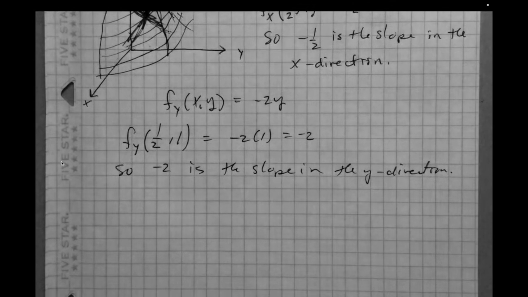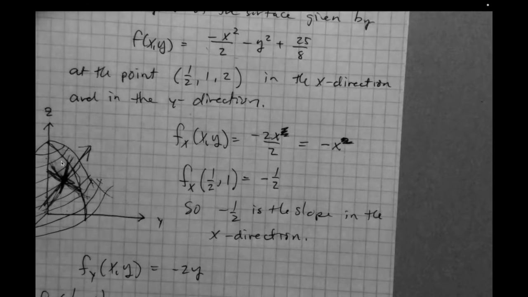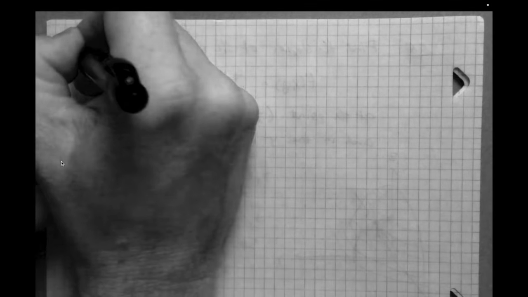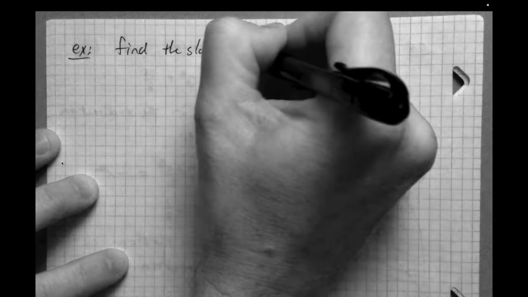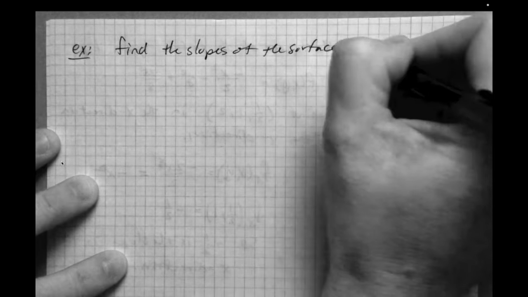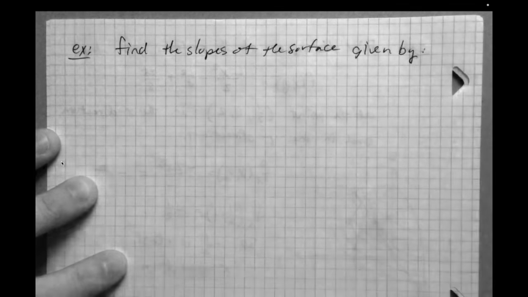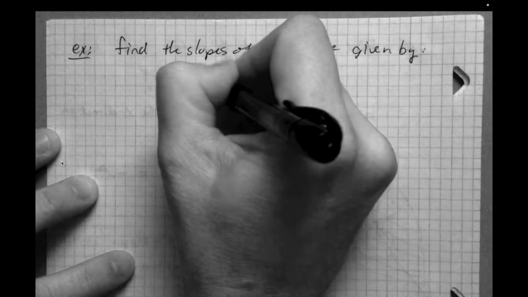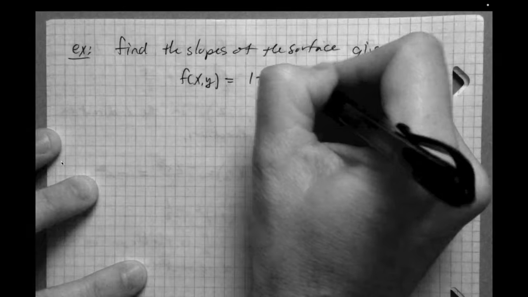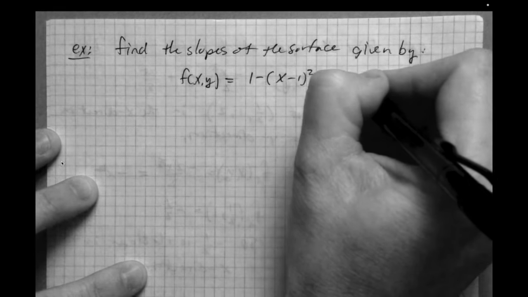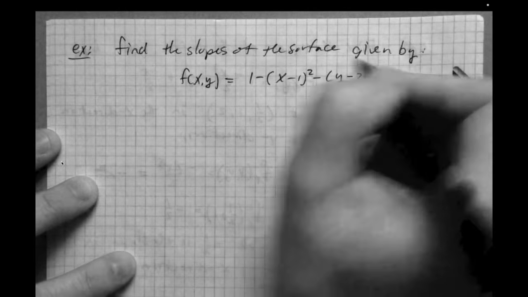All right, let's try another one like this. Let's see if we can do another one, maybe one that's slightly easier to draw. That one was very, very difficult to draw. Here's another example. Find the slopes of the surface given by, okay, now our function is f of x, y equals 1 minus (x minus 1) squared minus (y minus 2) squared.